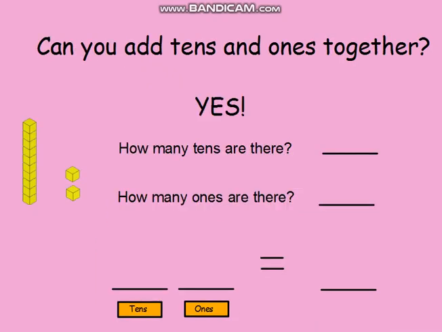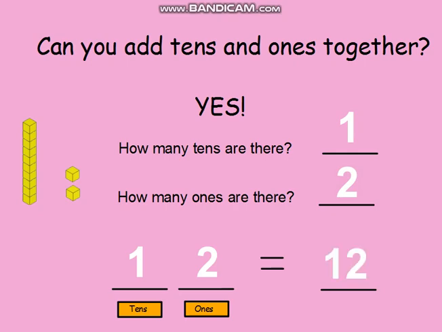Now let's try to do this number. How many tens are there? There is only 1. How many ones are there? There are 2. What about joining them together? Let's check. 1 tens, 2 ones, together we will get number 12.